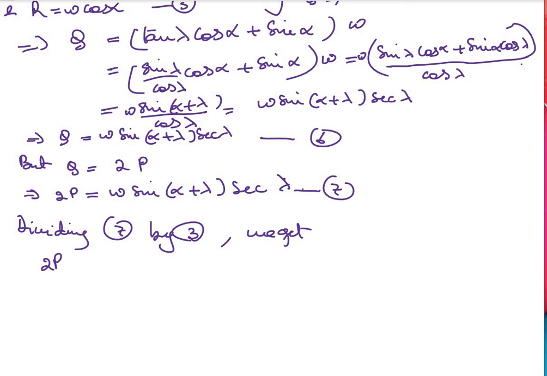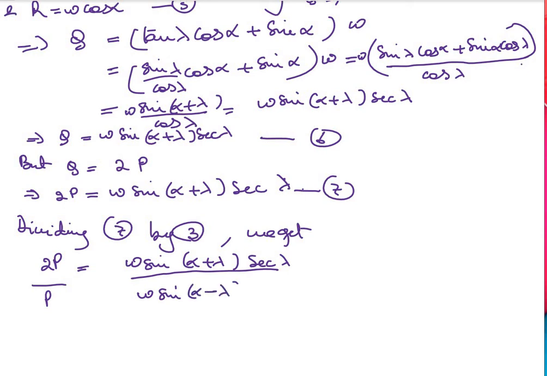Equation 7 is twice P equal to W sin of alpha plus lambda into secant lambda. And what is equation 3? From the left hand side it is P, and from the right hand side it is W sin of alpha minus lambda into secant lambda. So the common terms, W and P, can be cancelled. So this implies that 2 is equal to sin of alpha plus lambda divided by sin of alpha minus lambda.